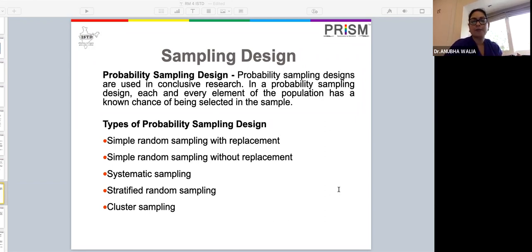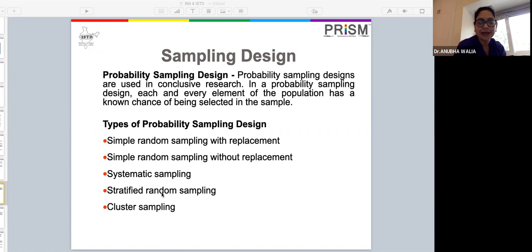Another approach is cluster sampling. In cluster sampling, in some cases, the selection of units may pass through various stages before you finally reach your sample of study.